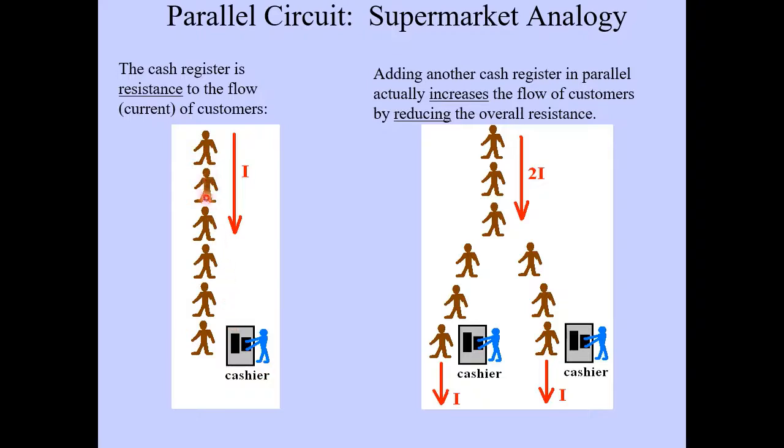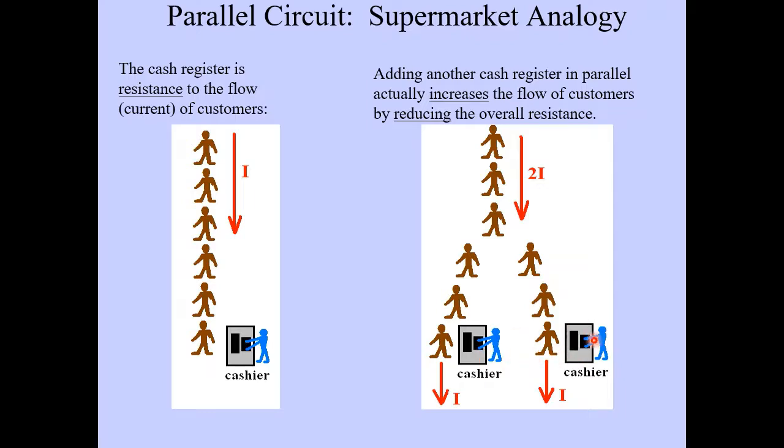So all of these customers, this represents our current of customers, our flow of customers through the store. They're limited, obviously, by this resistance here. This cashier is what's slowing things down. So what would happen in the real world if this happened in the store? Well, they would open up another register.